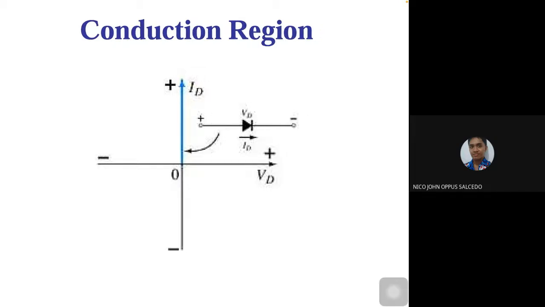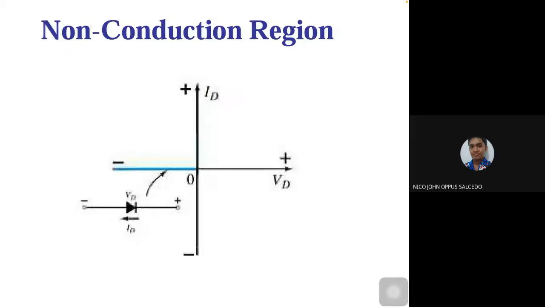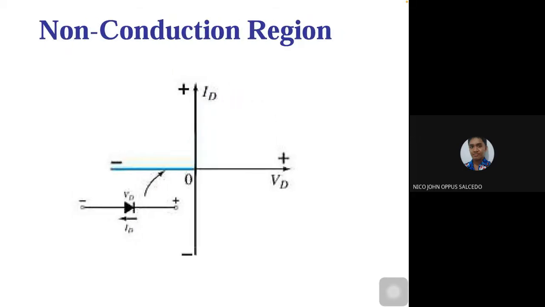So bali siya if the diode is non-conducting, no? Or if the diode is in the off state, not only is the current 0 when the voltage is negative, no?